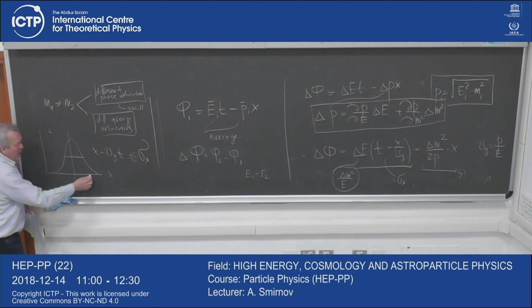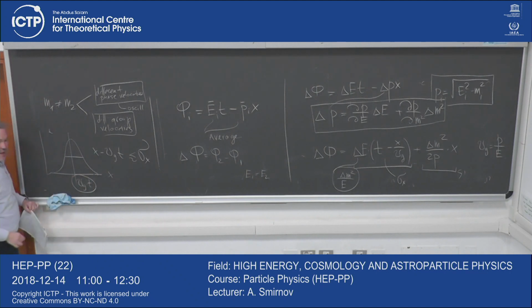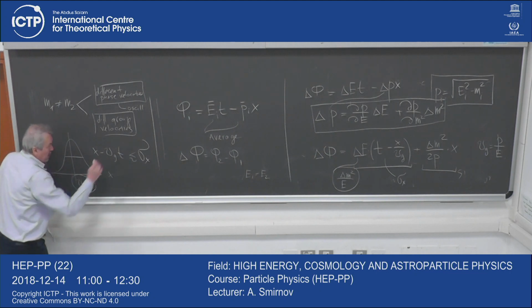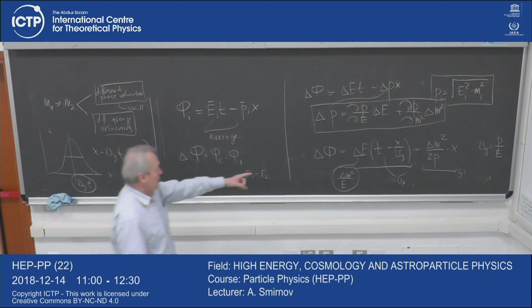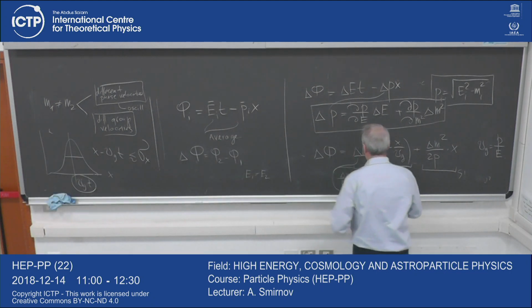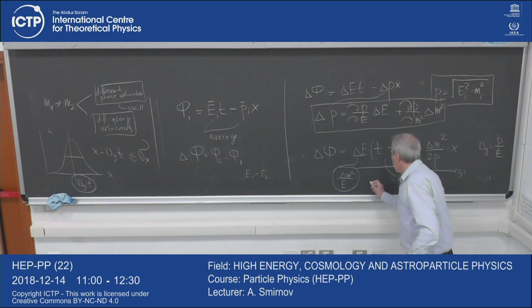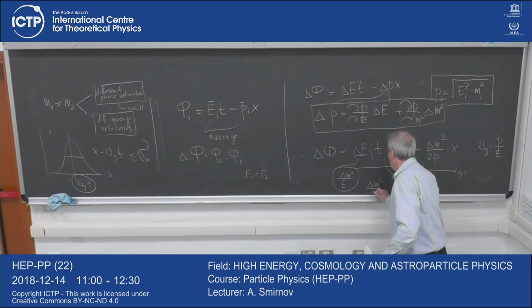And therefore, the deviation of x from this average value is not bigger than the size of the wave packet. So this factor is of the order of sigma x, and the product is given by delta m squared over energy times sigma x.